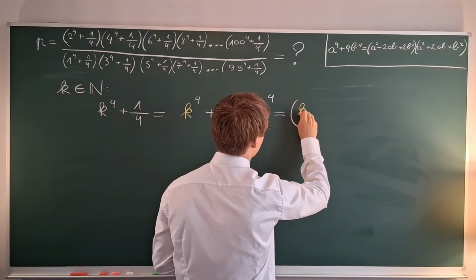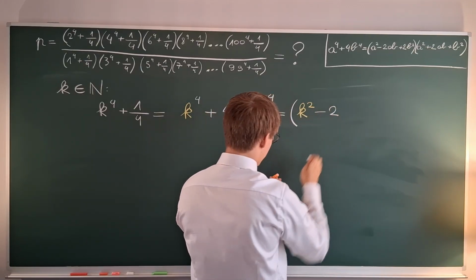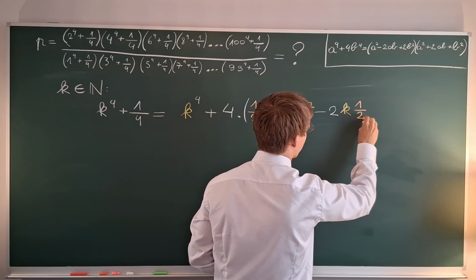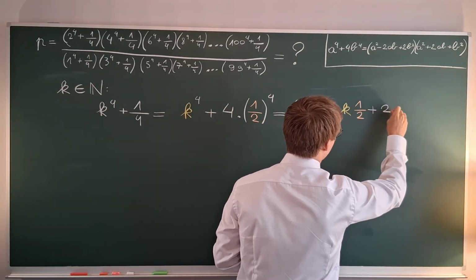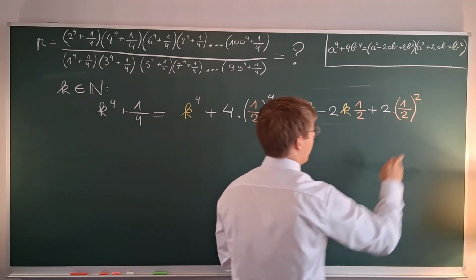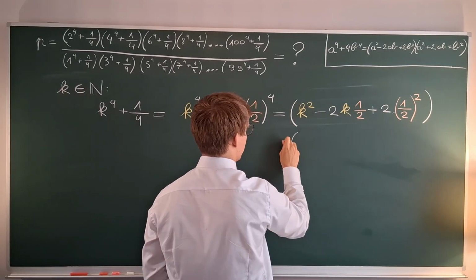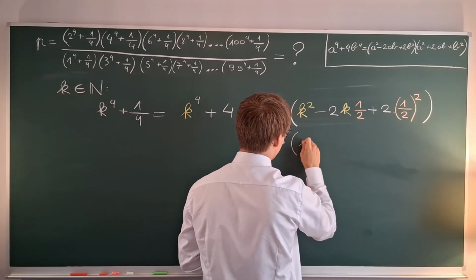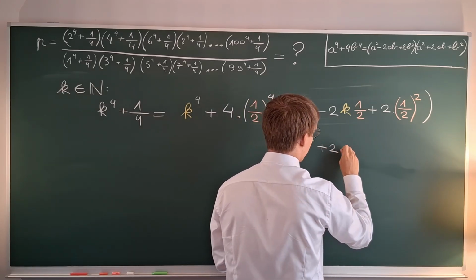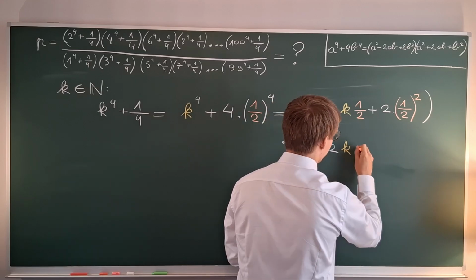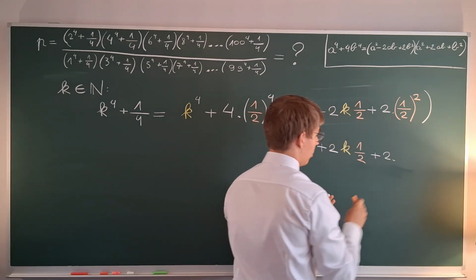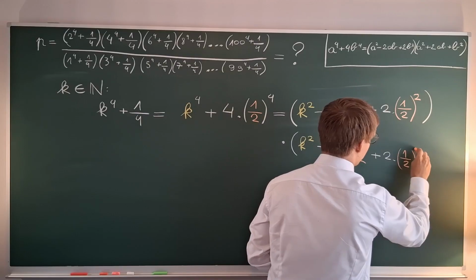So now we can use the identity of Sophie Germain, which says that this is equal to a squared minus 2 times k times 1/2 plus 2 times 1/2 squared, and this whole factor times another factor, which is k squared plus 2 times k times 1/2 plus 2 times 1 over 2 squared.